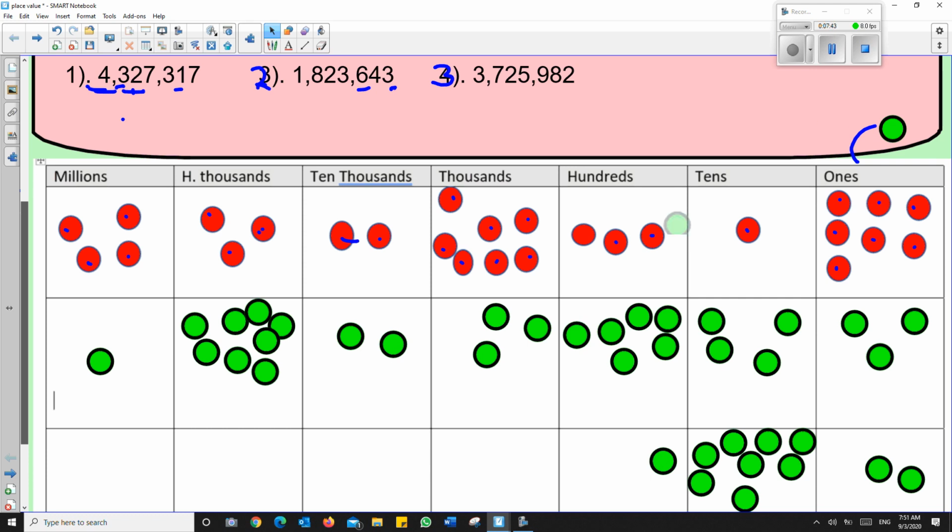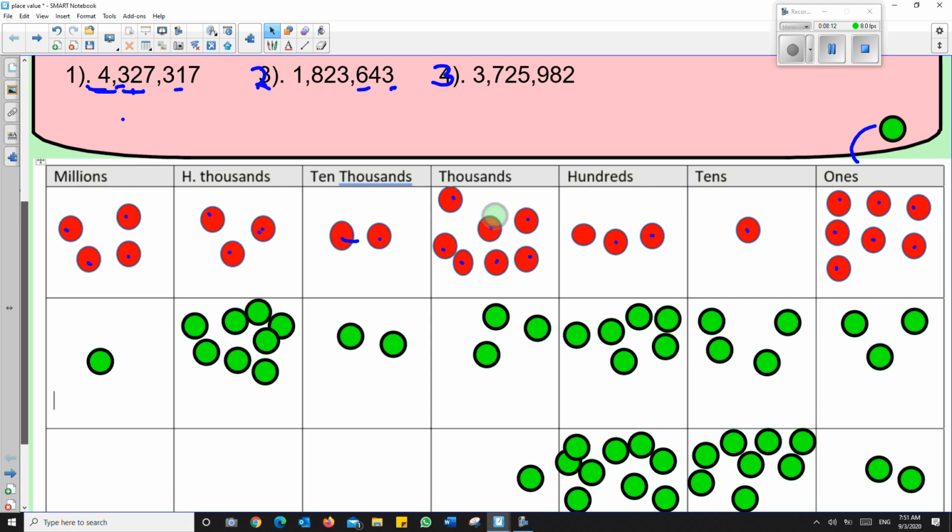In the thousands column is digit 5, so we need to put 5 counters.